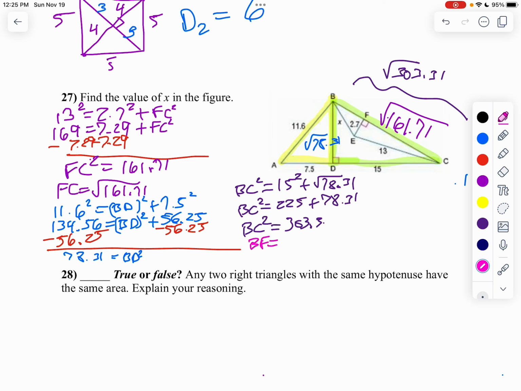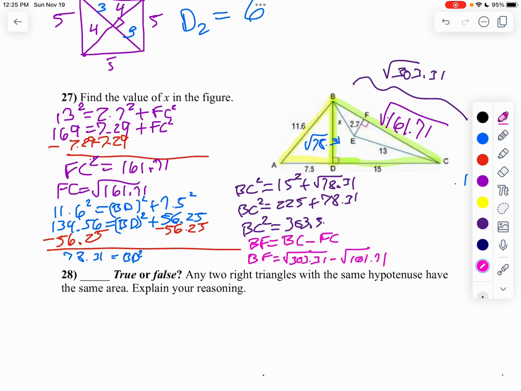So to find BF now, I'm just going to take BC minus FC. Or BF is going to be the square root of 303.31 minus the square root of 161.71.